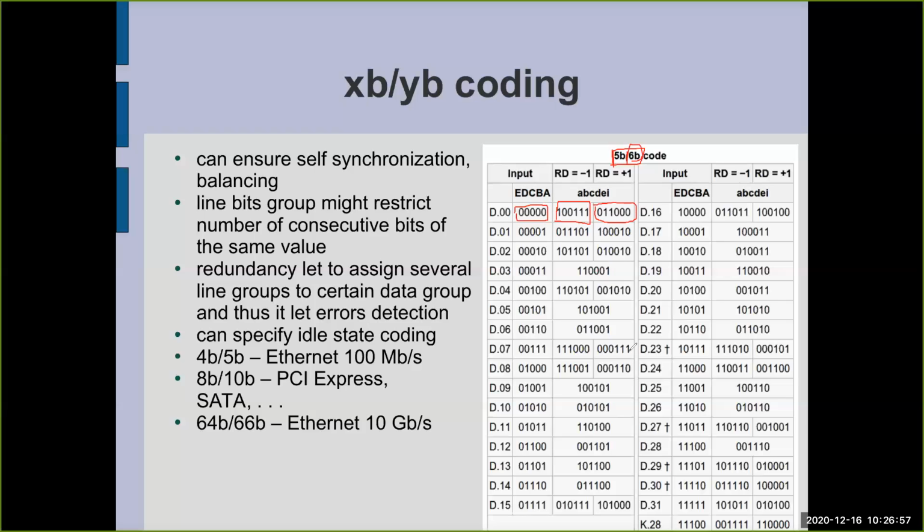If the last bit was 0, this option will be used. So depending on the previous values, the proper elements will be selected.